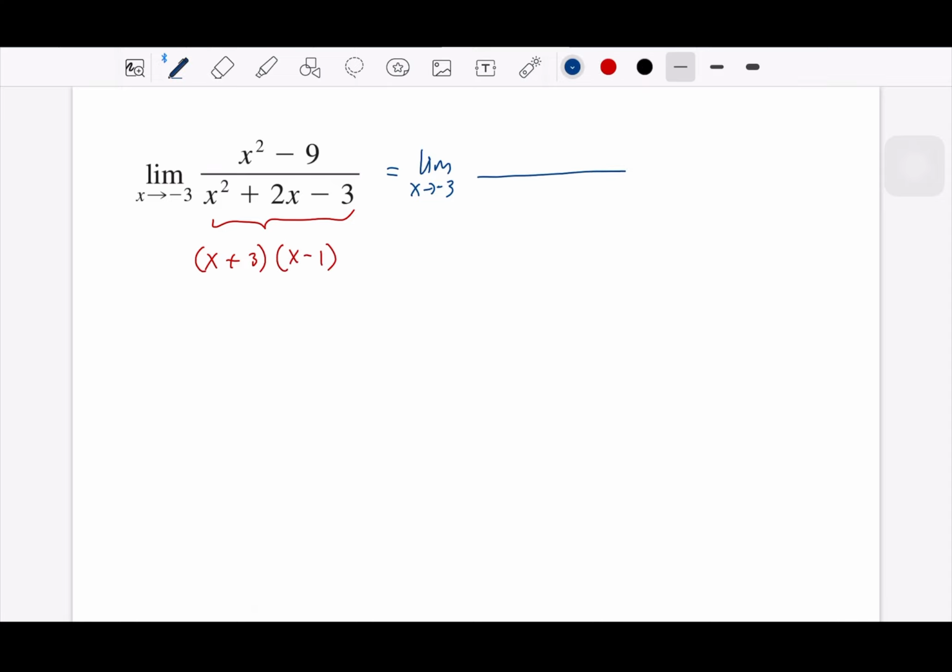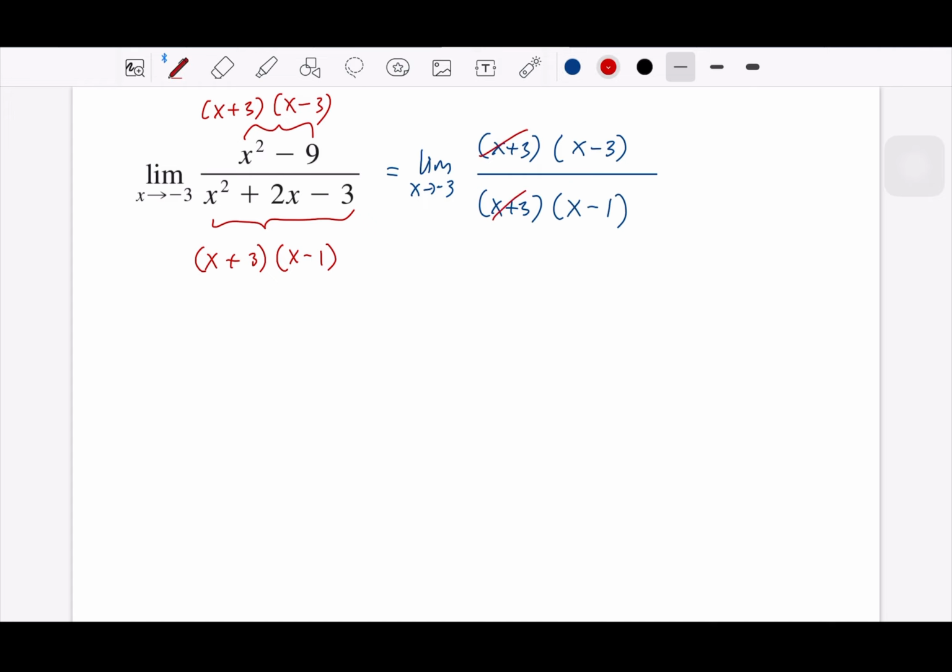And this can also be factorized, right? So we can set up the fractions and factorize.